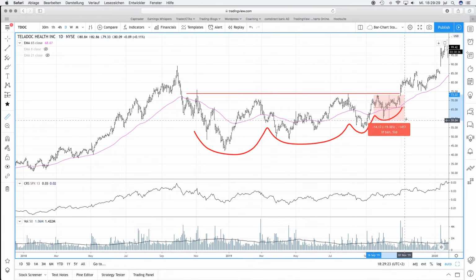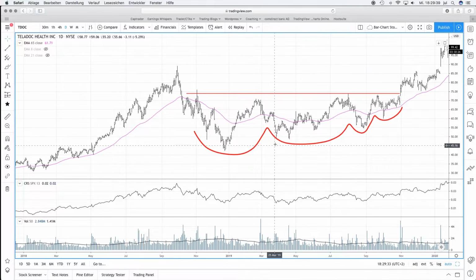And then the last one is only around 20% or 18%. So every correction inside the base is on a higher low, and every correction inside the base has a smaller percentage of correction.